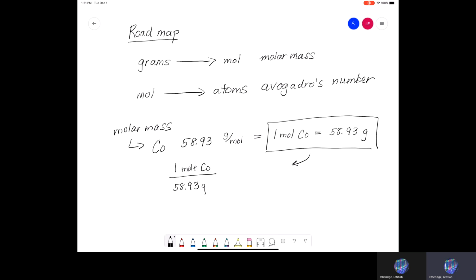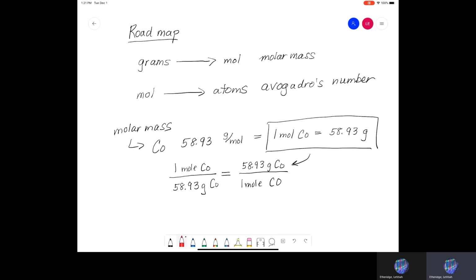58.93 grams. Now, the reason why your conversion factors equal 1 is because you can switch around the numerator and denominator depending on what unit you're trying to get rid of and what unit you're moving to. So essentially, you could use this same conversion factor with grams of cobalt on the top and moles of cobalt on the bottom.